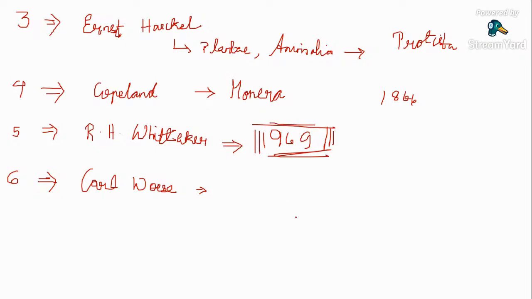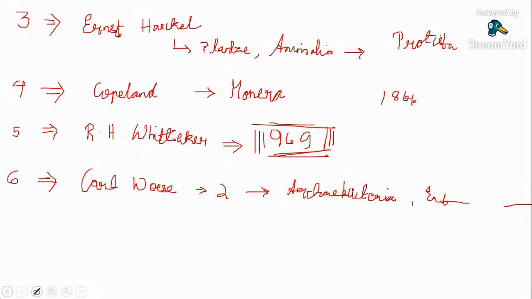Carl Woese gave the six kingdom system of classification, in which he split kingdom Monera into two, that is Archaebacteria and Eubacteria, which we will learn today itself.